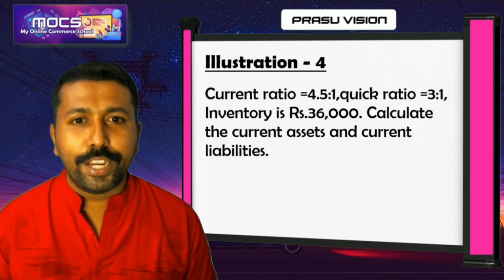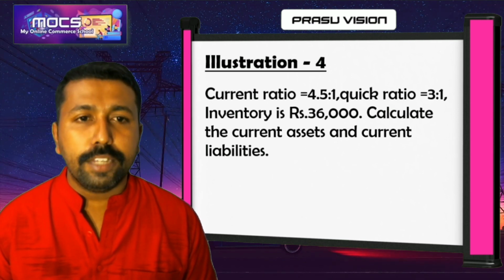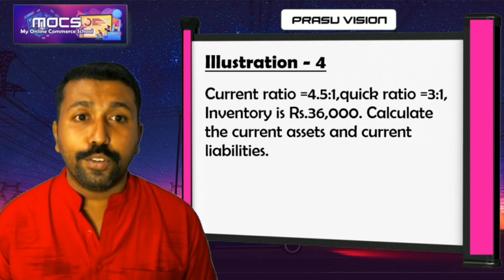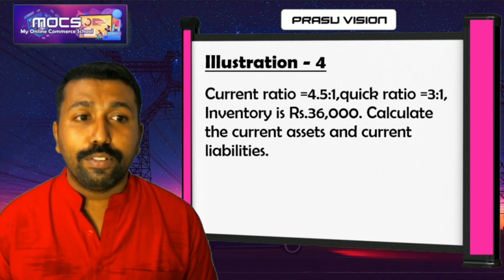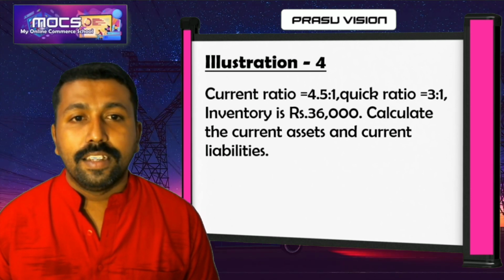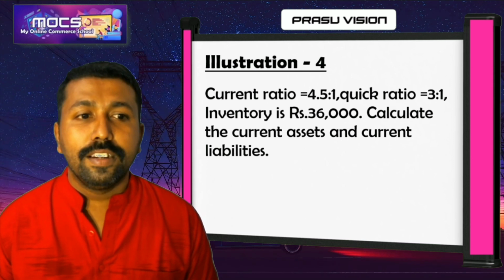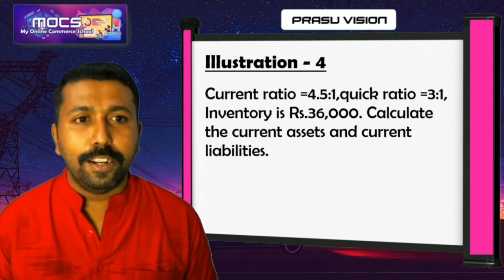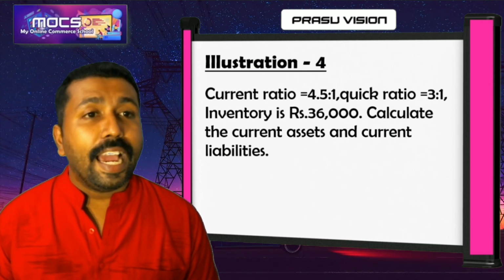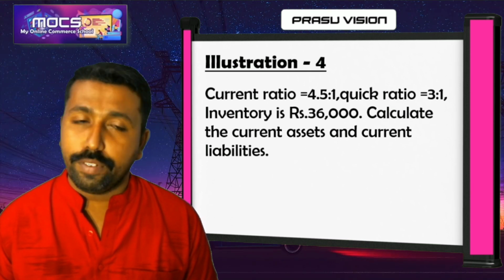But we have to find out the value of current asset and current liability from the question. Normally we have to calculate the current ratio and quick ratio, but here we have to find out the values of current asset and current liability. Just look at the solution, how we can find out.